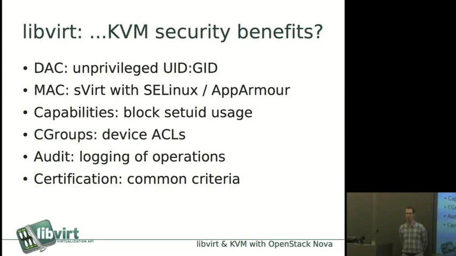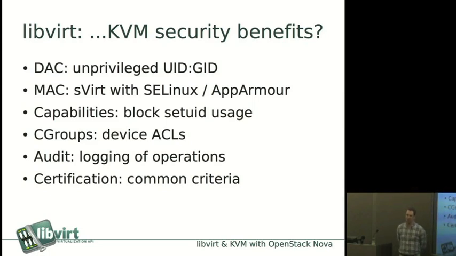It originally was written to use SELinux for isolating each virtual machine, but has since been ported to use AppArmor as well. The SELinux support is enabled out of the box on any Fedora or RHEL system. The AppArmor support is enabled out of the box on any Ubuntu or Debian system. So you've got strong mandatory access control applying, which isolates each individual QEMU instance.